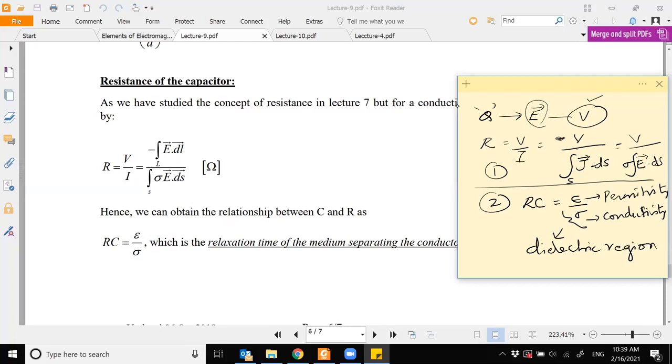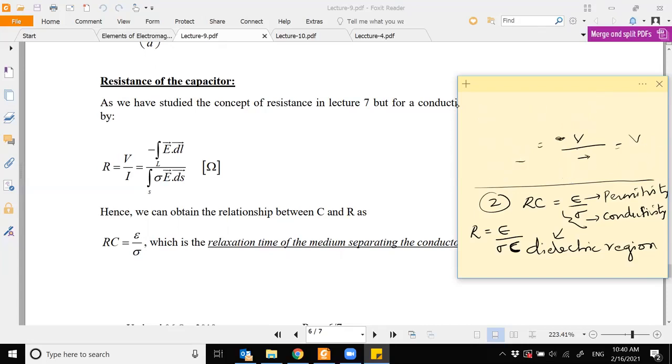You can use this expression to find the resistance, because if you know the capacitance, then R will be epsilon over sigma C. That's why we are not finding the resistance using the first method, and we are concentrating more on finding the capacitance, because once you know the capacitance, you can find the resistance.